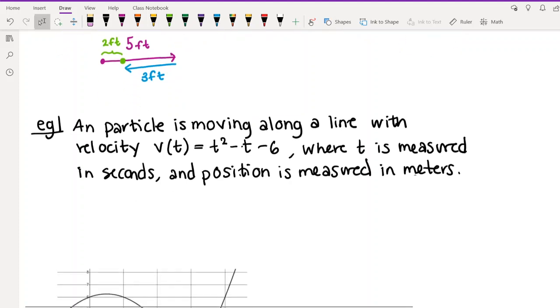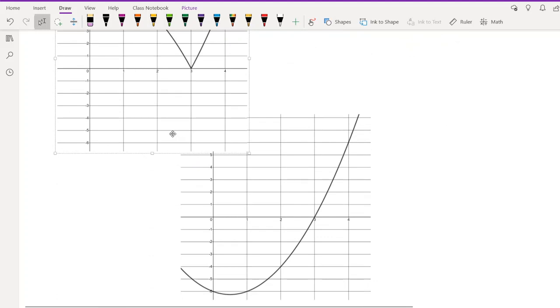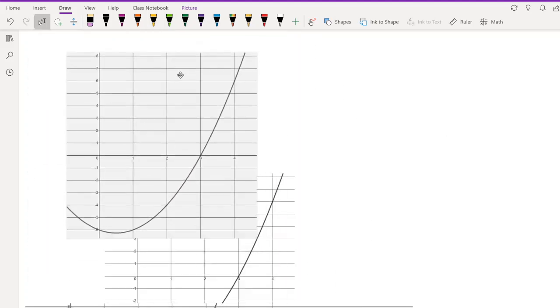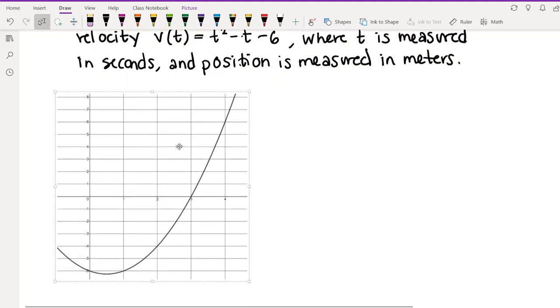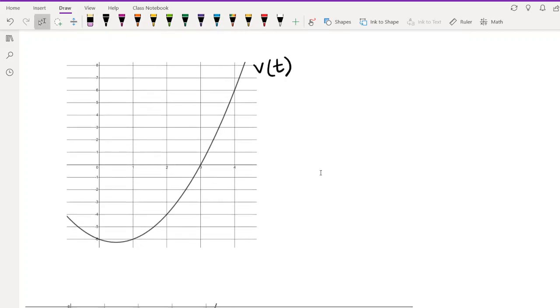All right, so the first thing that we want to answer is, actually I have these pictures in the wrong order, so let me put this one up first. This is a graph of the velocity. Before we get into the first question, let's think about what this velocity graph tells us.